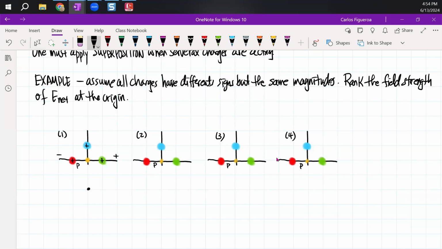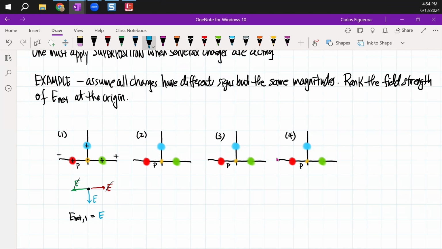That's a positive test charge right there. This one applies an electric field in this direction, that one applies an electric field in this direction, so these sum to 0. Then the net field at 1 must equal the strength of one of the fields.